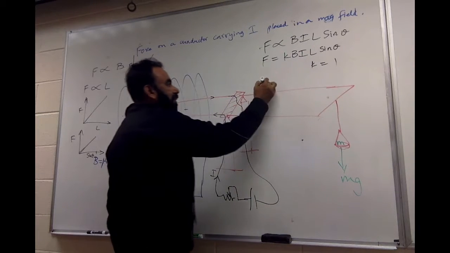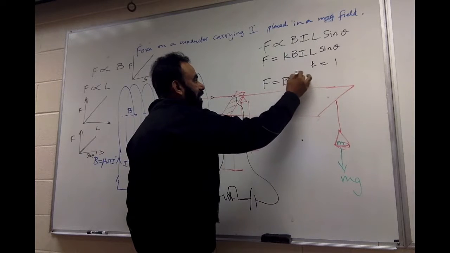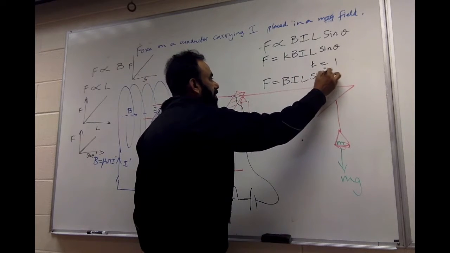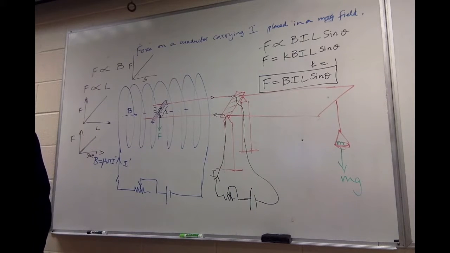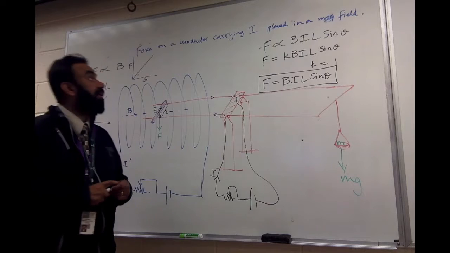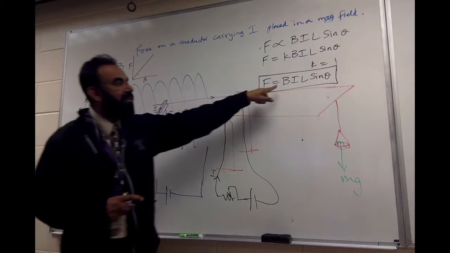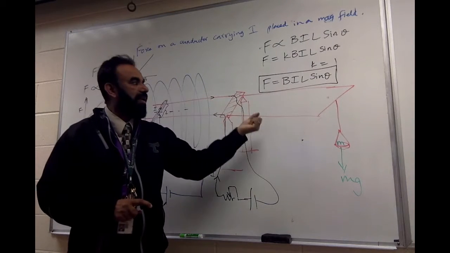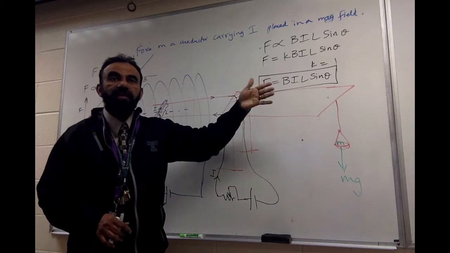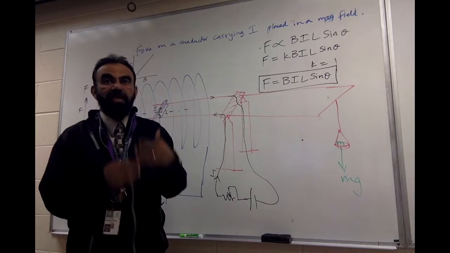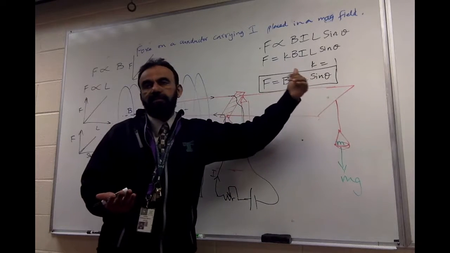And therefore the formula becomes F is equal to BIL sine theta. And that's the equation that you have seen. So if you want to determine the magnitude of the force acting on the conductor carrying current in the magnetic field, that's the equation that you need. You need the magnetic field, you need the current, you need the length, you need the angle. Now if it is maximum force you're looking for, then the angle is 90 degrees.